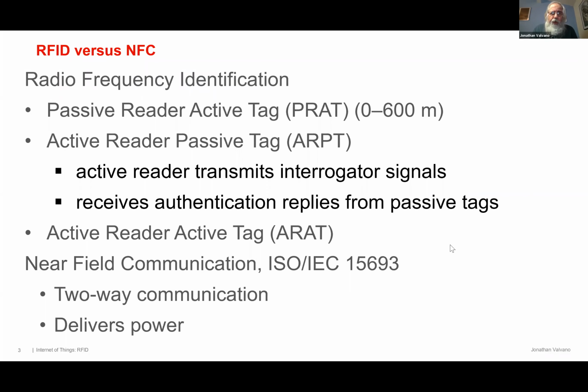There are active RFIDs, and a passive RFID is one with no power in the tag. If you do put power in the tag, then you can increase the distance.